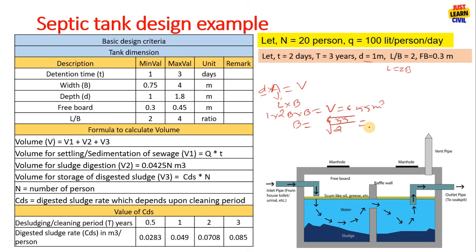What you get here is in meter, and that is the width of the tank. That width should not be less than 0.75 and not more than 4 meter. Once you know the value of B, you can find the value of L from this ratio, L equals 2 times B. Now you know D, L and B. Now add freeboard to the effective depth, you will get the overall depth. Overall depth into length into breadth, that is the dimension of your tank.